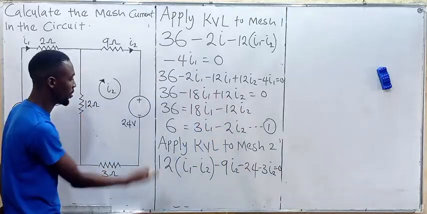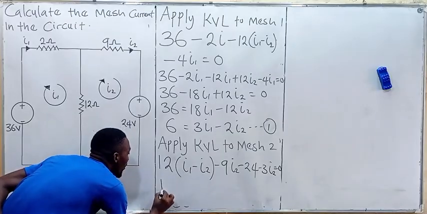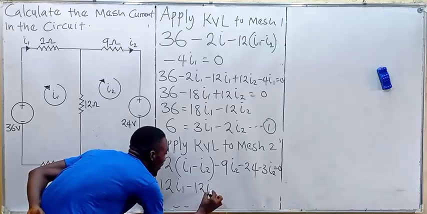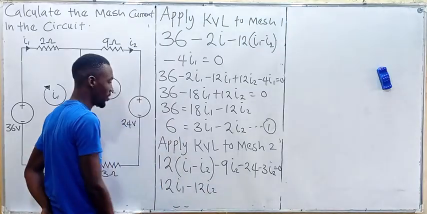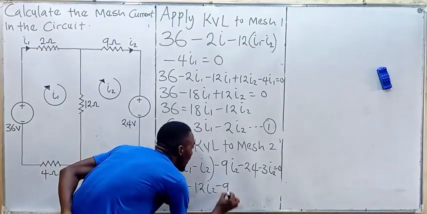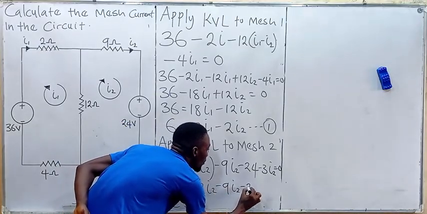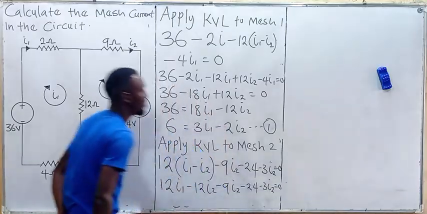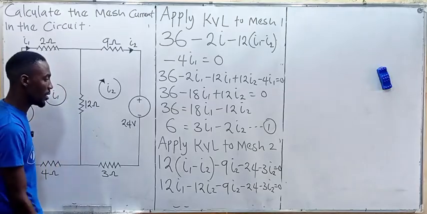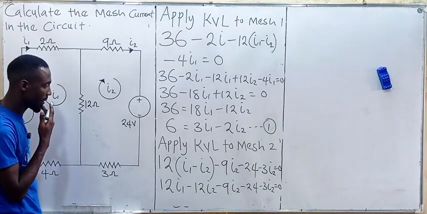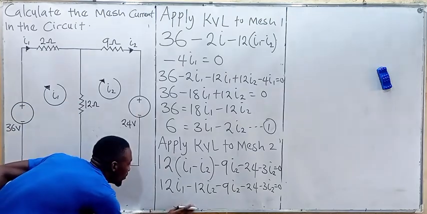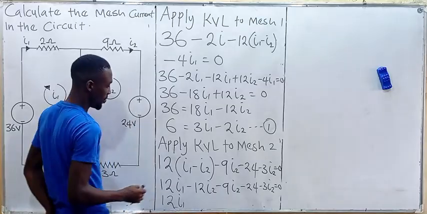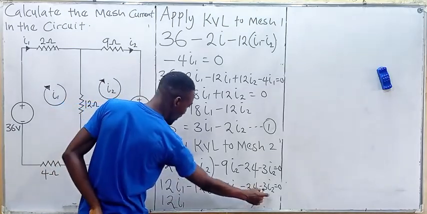So if we open this bracket, we are going to have 12I1 minus 12I2 minus 12I2, then minus 9I2 minus 24 minus 3I2 will be equal to 0. Now we are having just one I1 here, so we are going to have 12I1, then minus 12 minus 9 minus 3.